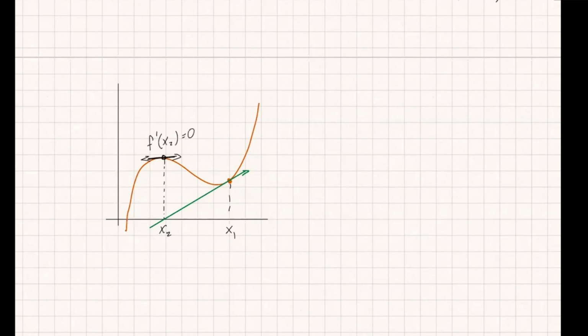And that's a bad thing, because remember, when we have a formula for the next iteration, x3, that would be x2 minus f of x2 over f prime of x2. So when we evaluate f prime of x2, we get 0 in the denominator, which should not happen.